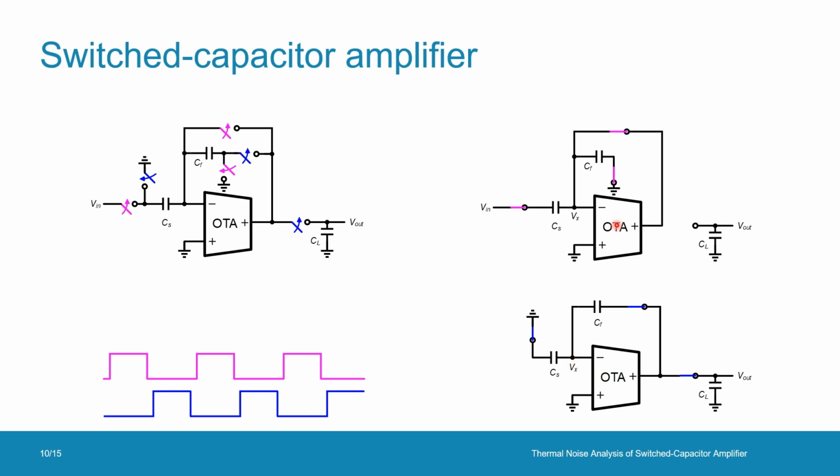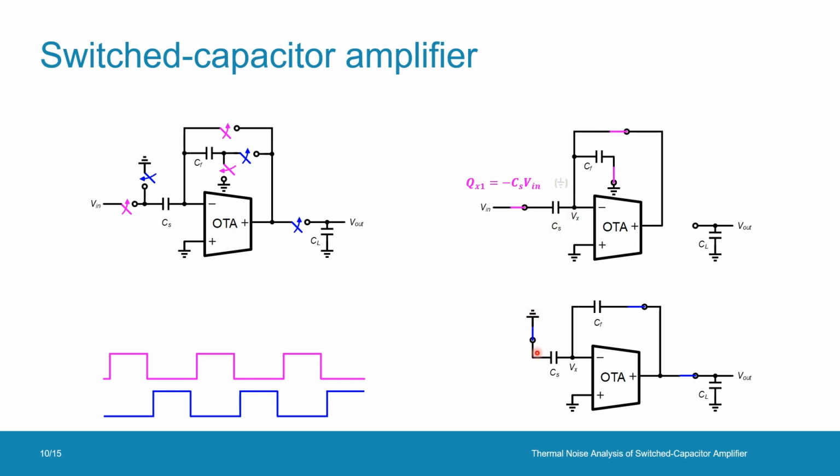Now, during the sampling phase, the OTA is in unity feedback, and the node Vx is virtual ground. The input signal is sampled on CS, creating a signal charge of minus CS Vin at Vx.